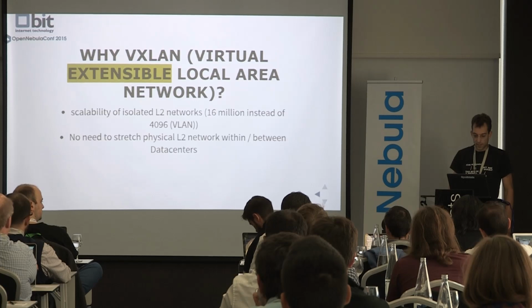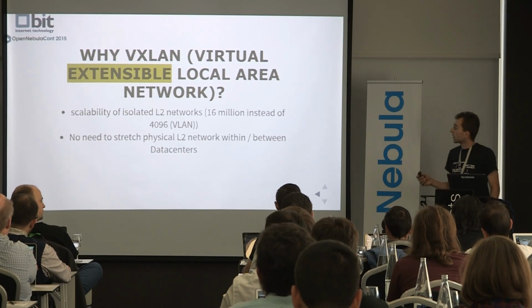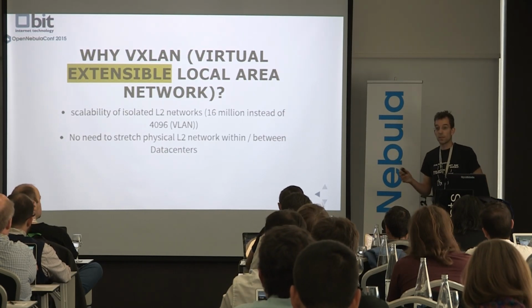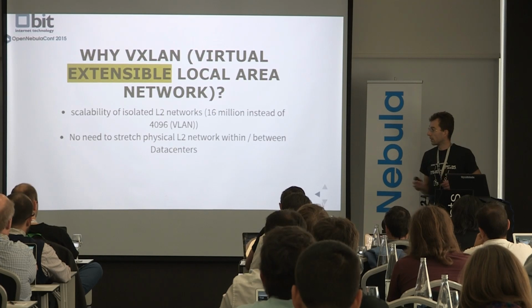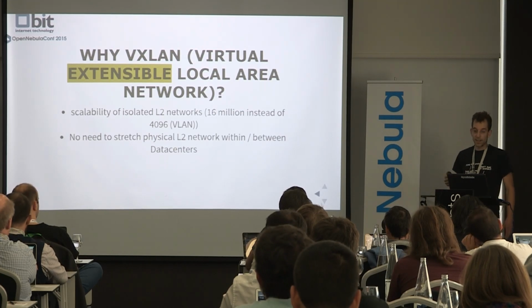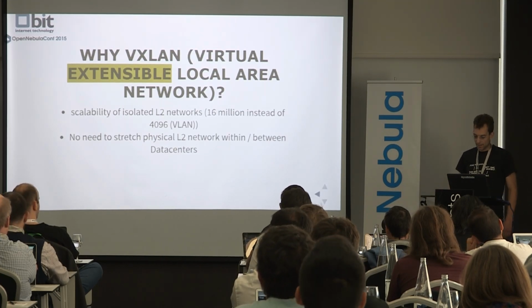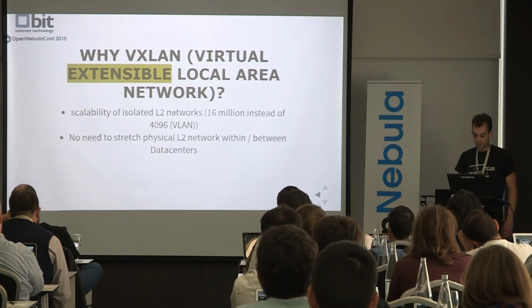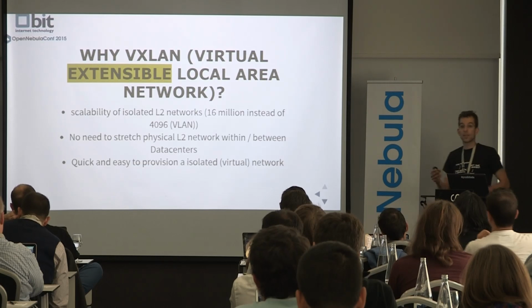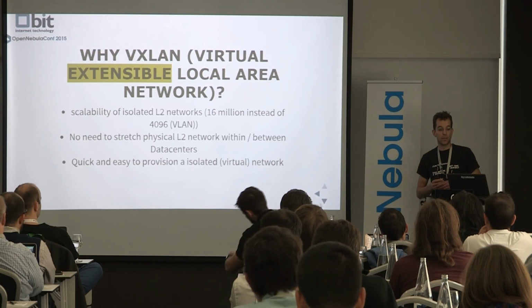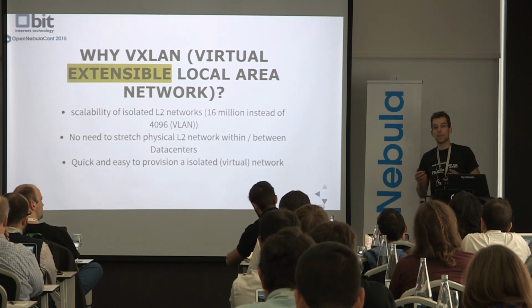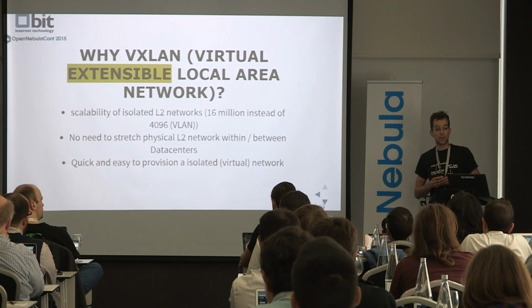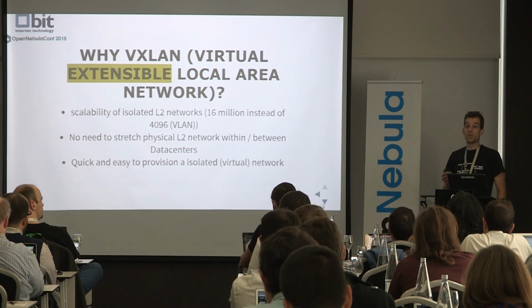So if you use VXLAN, there's no need to stretch a physical layer 2 network between data centers or within the data center. Stretching layer 2 networks, well, that sucks. It has lots of issues. You try to avoid that. At least in our environment, it would be easier to provision a VXLAN than a virtual network.